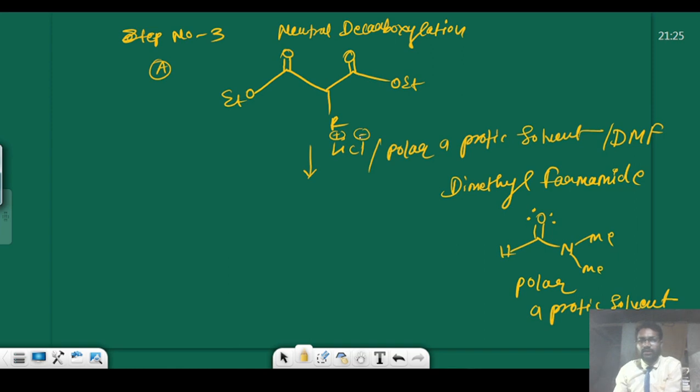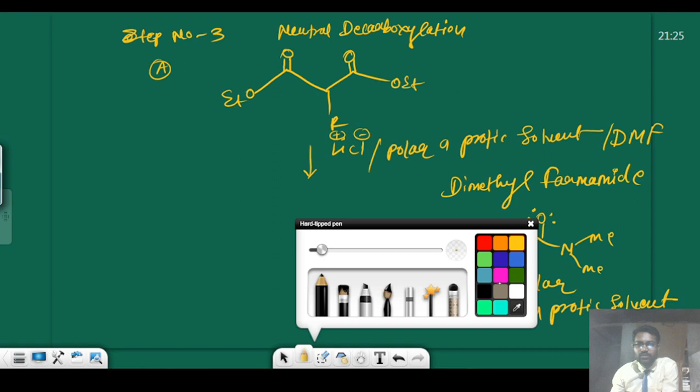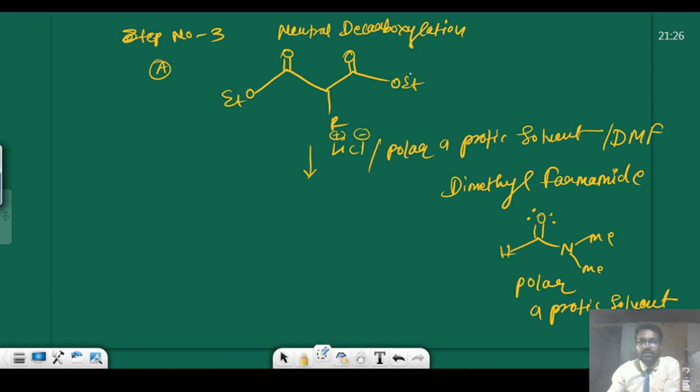In the presence of lithium chloride, neutral decarboxylation will happen. How does this reaction take place? Let us discuss. Simply, I will directly use this lithium chloride.